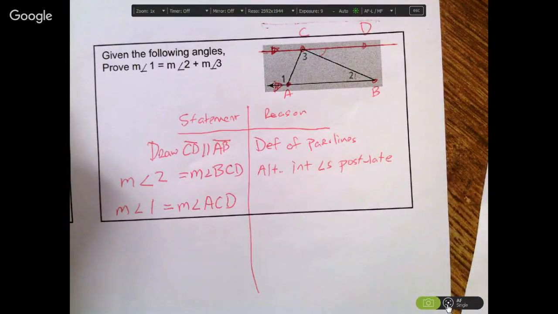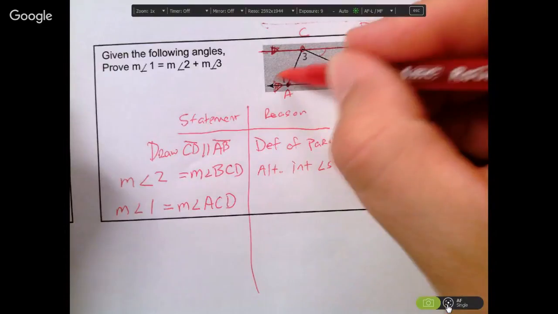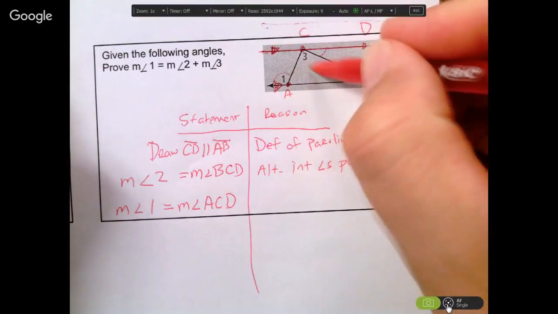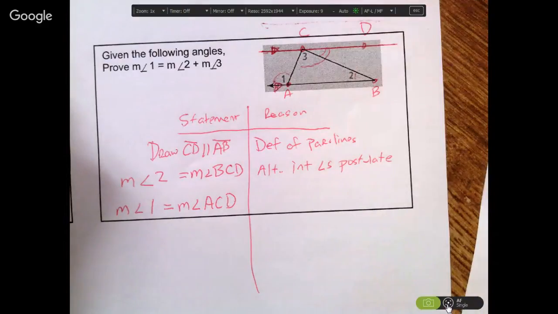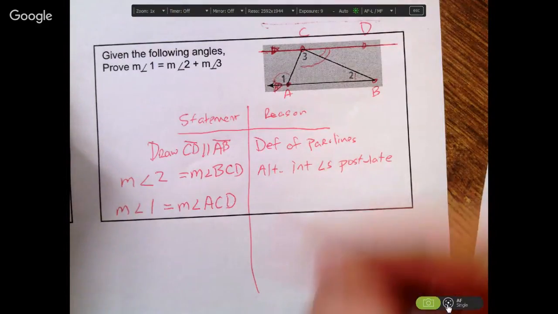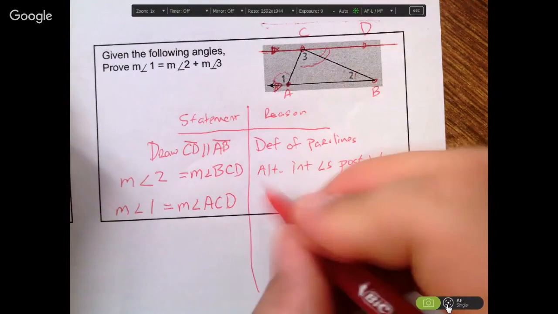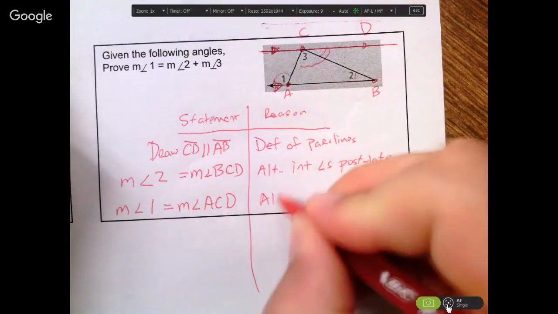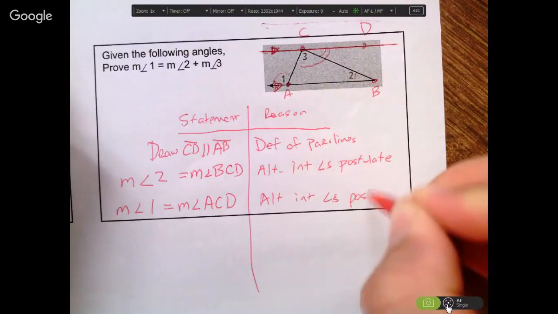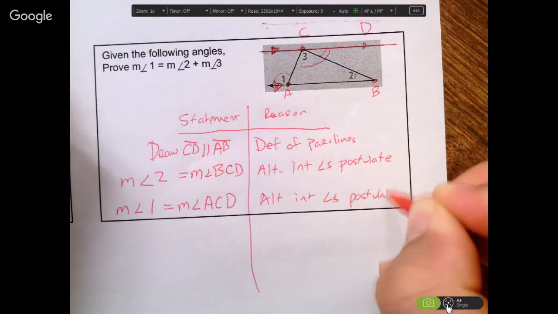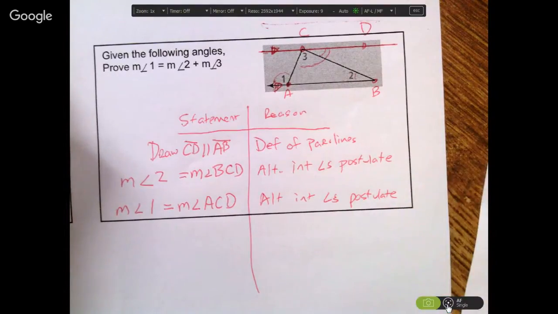Okay, so now I'm saying that this right here is congruent to all of this right here, this big thing. And the reason I can say that is because of the alternate interior angles postulate. It says that because I created this parallel line, I can do that.